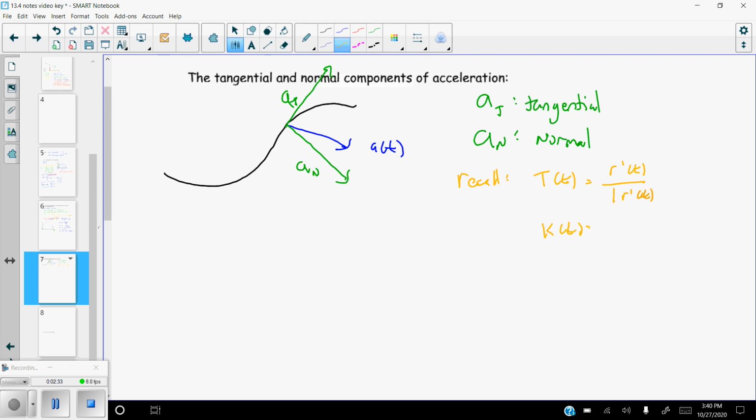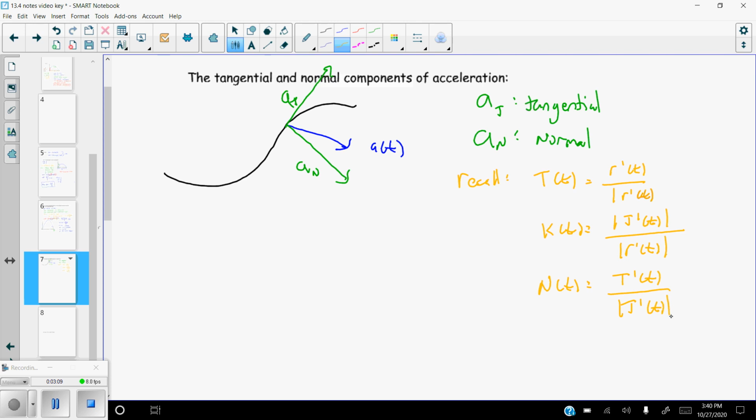There were several different ways to do curvature, but the one we're going to use in particular here is the magnitude of the derivative of the unit tangent vector divided by the magnitude of r prime of t. Not the easiest, not the best curvature formula to use, but that's the one we're going to need for our proof here. And then we're also going to need the unit normal vector, which was defined to be the derivative of the unit tangent vector divided by its magnitude.